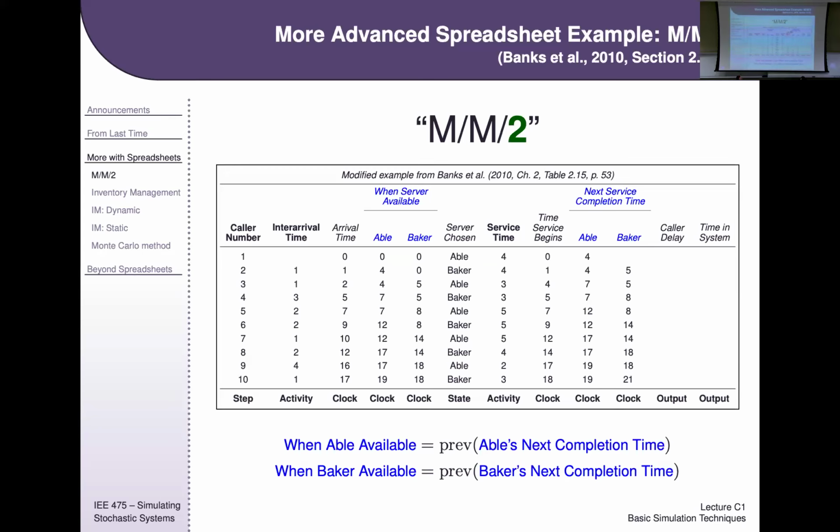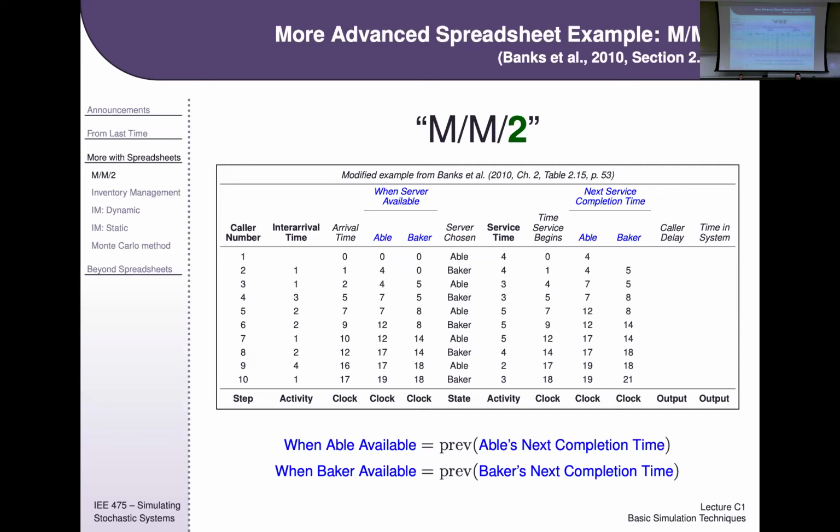So you notice that this next service completion time, these two columns, are identical to these two columns, but shifted down by one row. So the 4477, it shows up here, 4477. So the previous caller ends up setting up the next completion time.